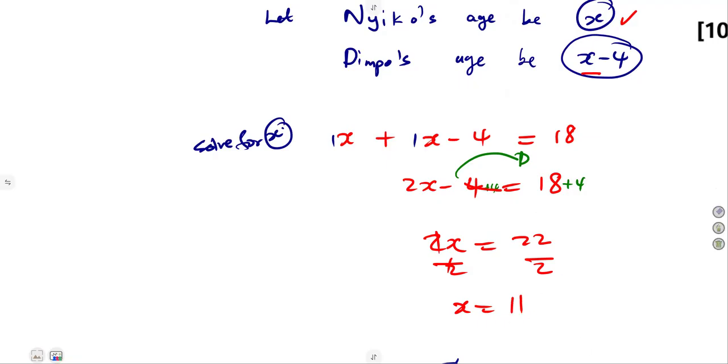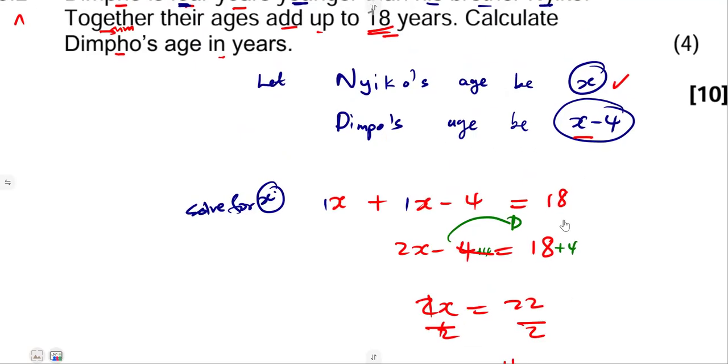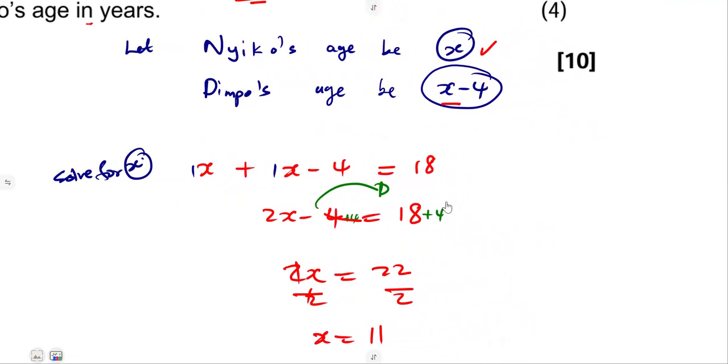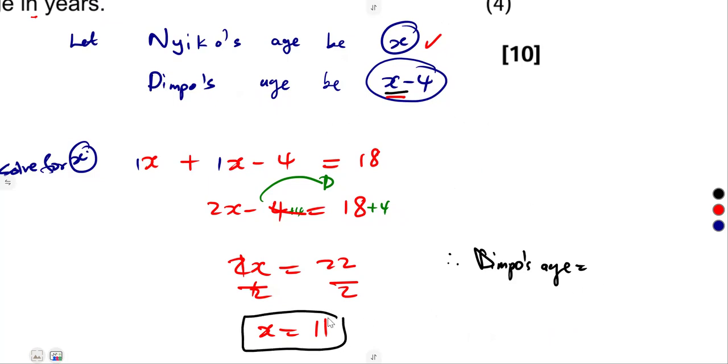But take note, x is not Dimpo's age. Dimpo's age is x minus 4. From our statement, guys, remember we said let Nico's age be x. So Dimpo's age is going to be x minus 4. Our x is 11.